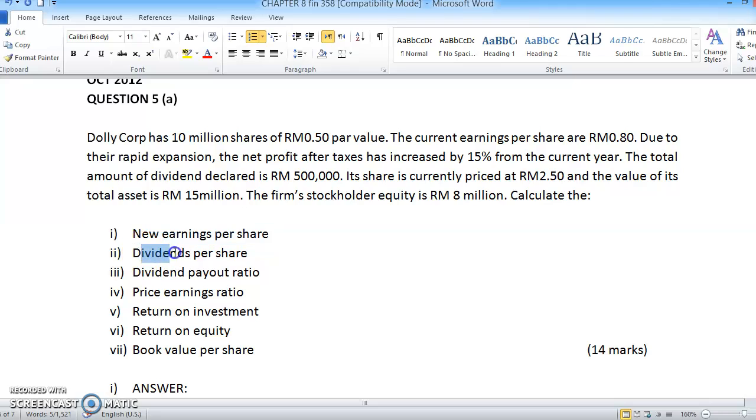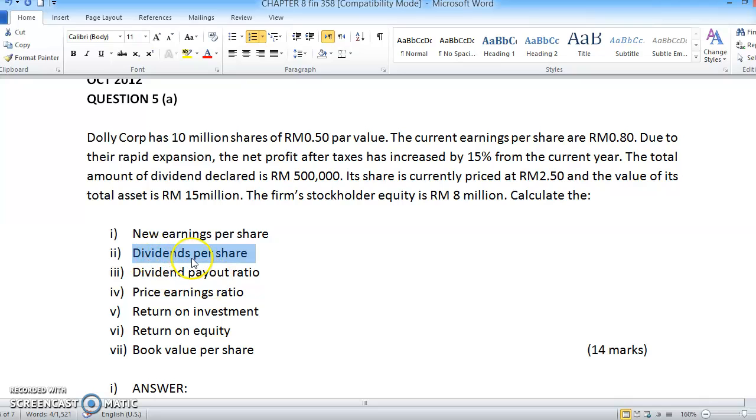But dividends per share adalah jumlah dividen yang dia akan bayar kepada shareholders. Juga didorong oleh berapa earnings dan income yang dia dapat for that particular year. But jumlah dividen per share dia akan paid out kepada dia punya shareholders. Okay? So, jangan tertukar. So, let's take a look at the dividends per share calculation for this question.